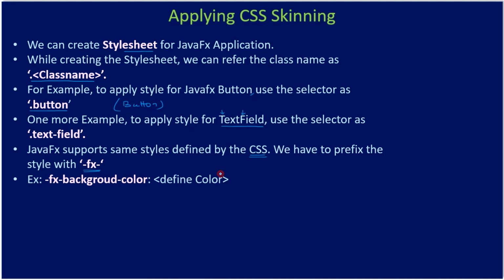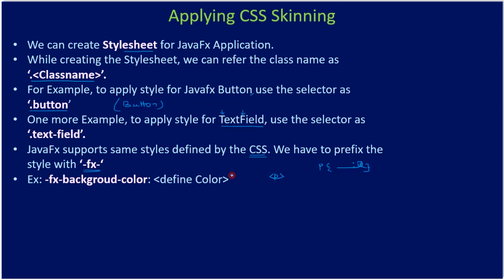to apply a background color for an HTML element. Say there is a tag for paragraph, and if you want to assign some background color for the paragraph tag, you will specify the selector P, then you will specify the style. When you are specifying the style, you will use background hyphen color, then you will specify the color, say for example red.